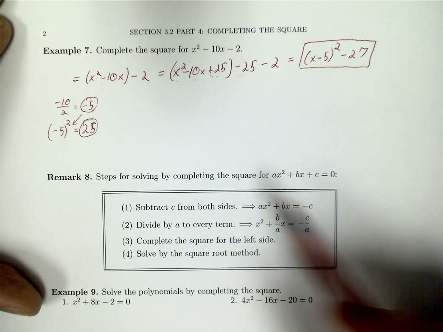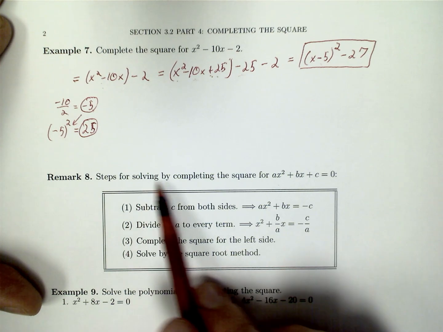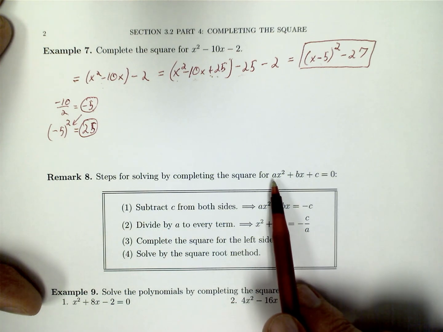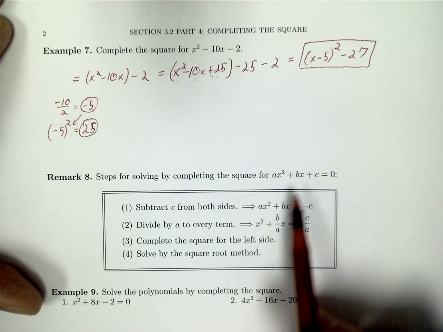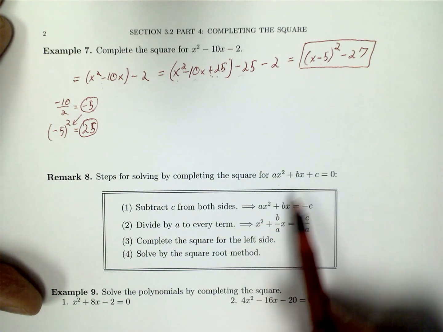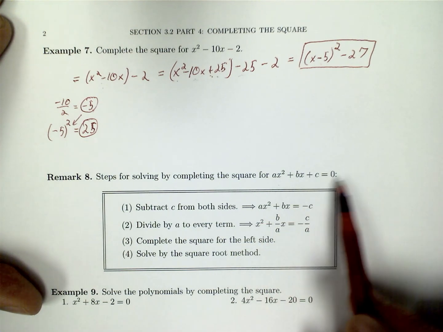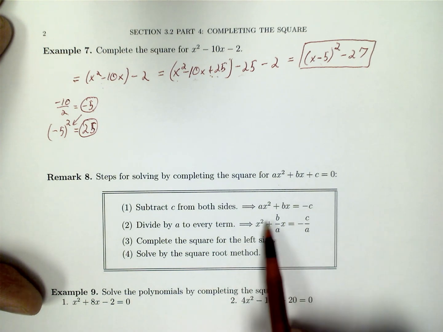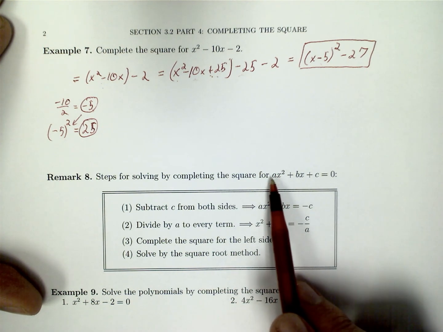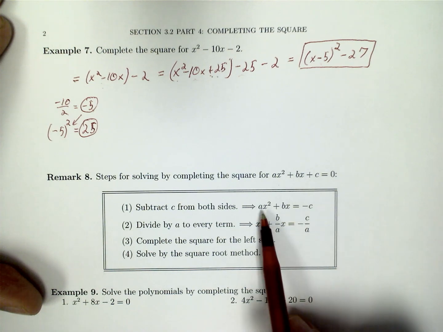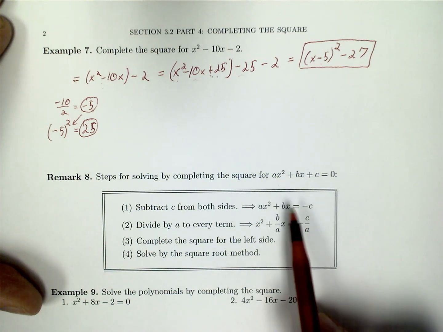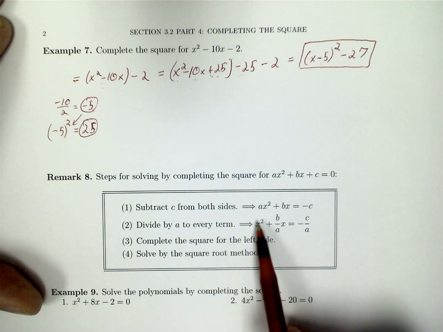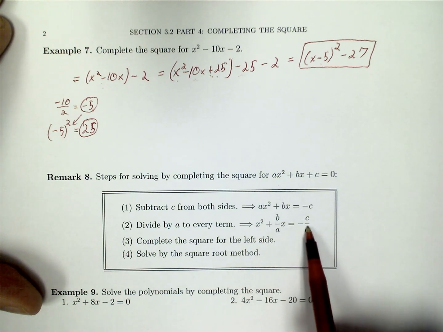So what we do, if we're trying to complete the square, now that we have an a, we first start by grouping the x terms, and we do that by bringing the c over. We're subtracting c from both sides. And then we don't like seeing the a, so we divide every term by a. Once you subtract c and divide every single term by a, that gets rid of the a in front of the x squared.